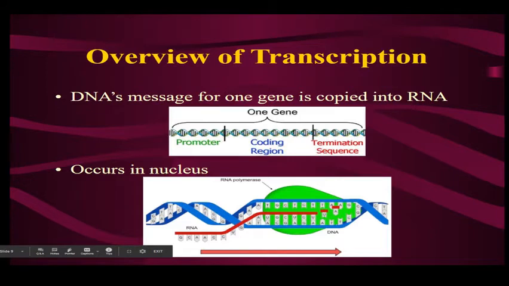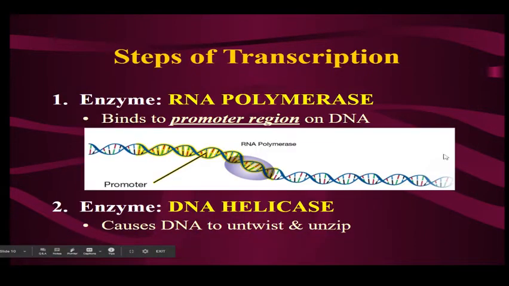So starting with transcription, DNA's message for one gene is copied into RNA, and this occurs in the nucleus. Transcription means to copy, and so that's what happens in the process of transcription. We're copying DNA's information into the molecule of RNA.